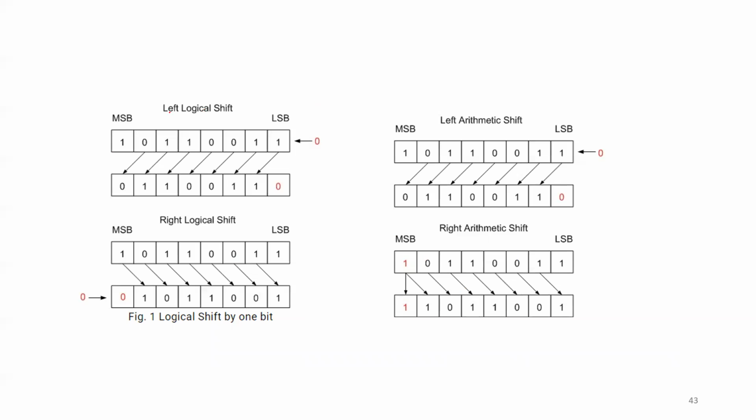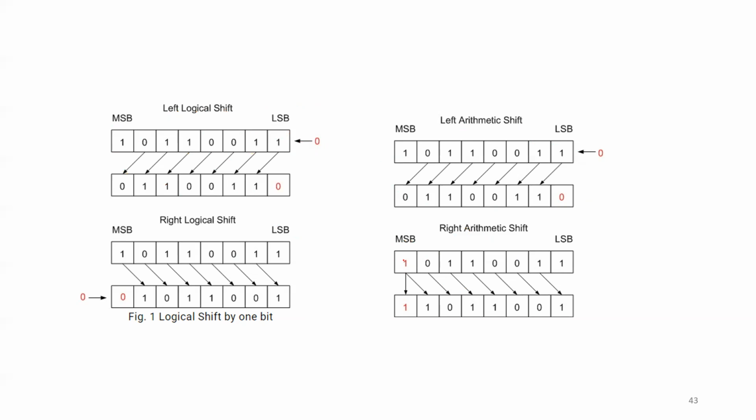What is the difference between left logical and left arithmetic? Let's see together. If you have a look at the construction of the code here, you would find it's similar. So we can say left arithmetic is typical to left logical. However, right arithmetic is different because it is going to add 1 instead of 0.